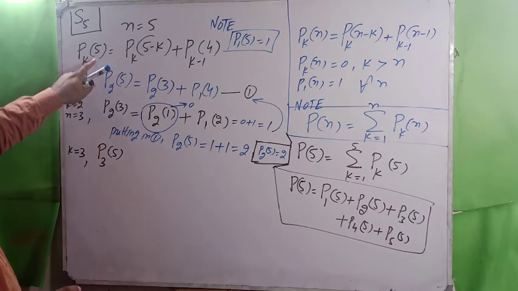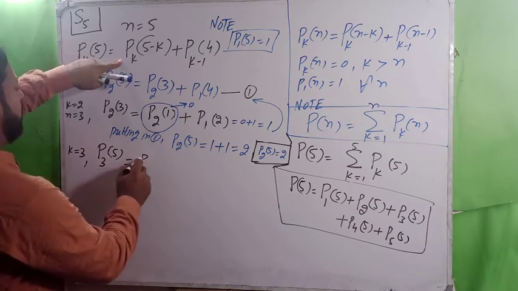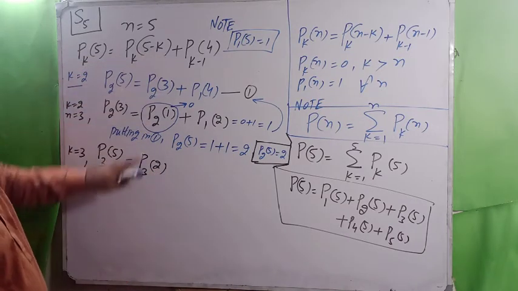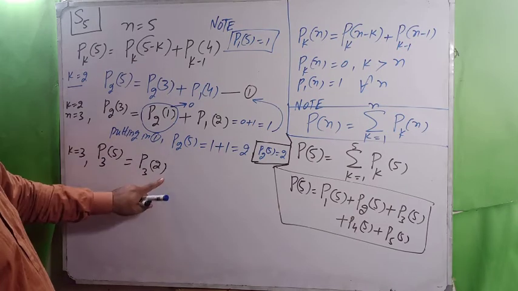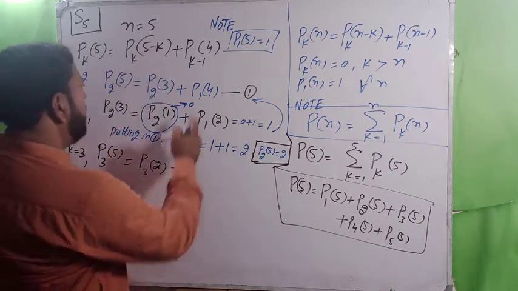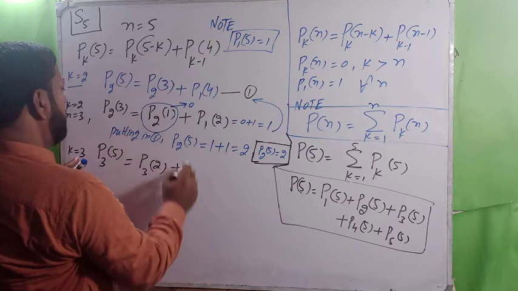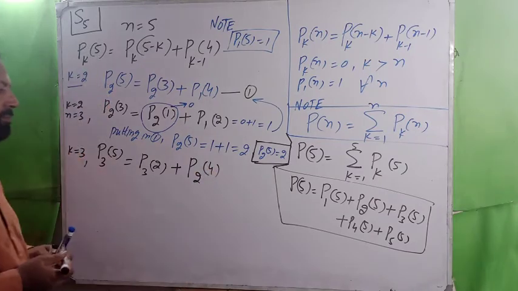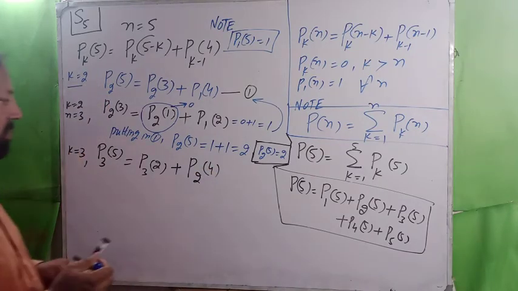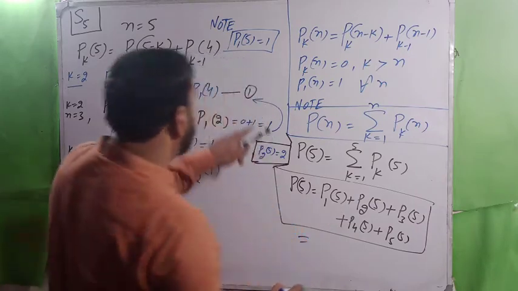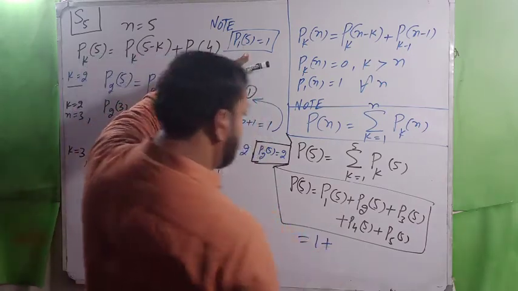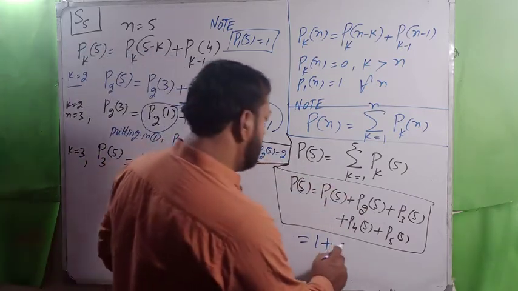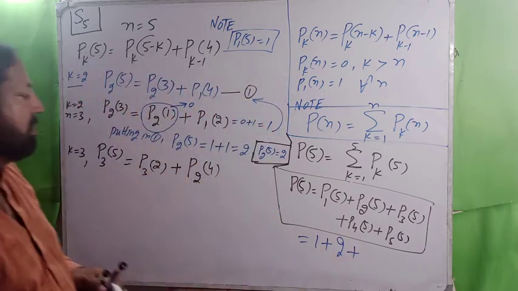P35 is equal to P3,5 minus 3, this is 2, plus P2,4. So P55 is equal to P15, which is 1, plus P25, which is 2, plus P35.